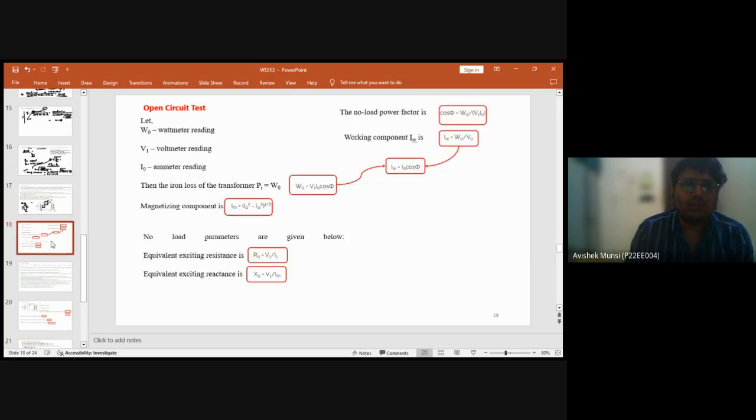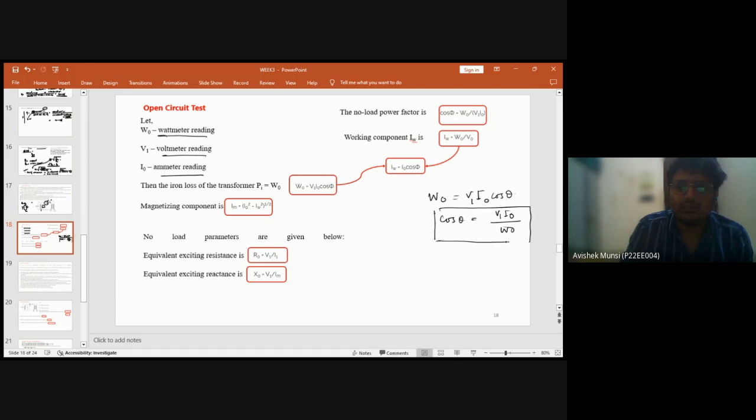See, if we have a wattmeter reading of W0, V1 is the voltmeter reading and I0 is the ammeter reading, then the power factor, we know that the power is VI cos theta. Here it is V1 I0. So cos theta will be W0 by V1 I0.